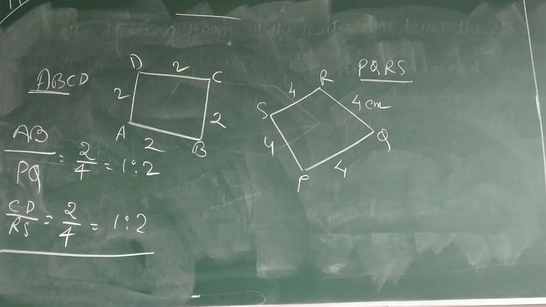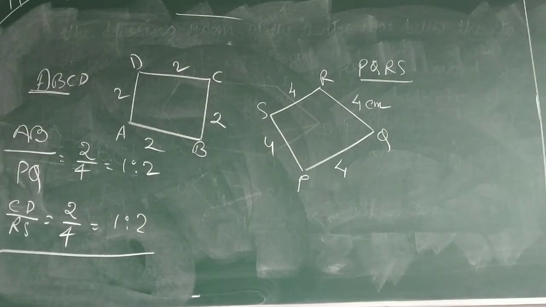Sit down. That means if there are two polygons, until and unless we find that the polygons are equiangular and the ratio of their sides are in proportion, we cannot say that they are similar. Here the ratios are in proportion but the angles are not equal, so we cannot say these figures are similar.